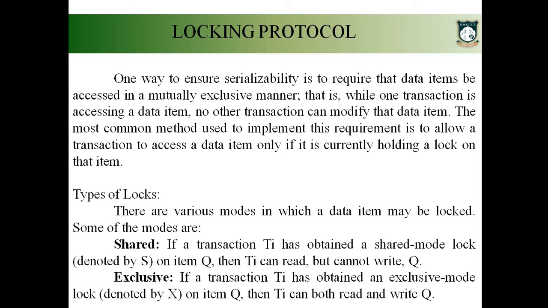So if a transaction locks the data item in shared mode, then it can only read the data item. Similarly, if a transaction has locked the data item in exclusive mode, it can read and also write. Now the main purpose of these two modes, as I already said, is improving the level of concurrency.